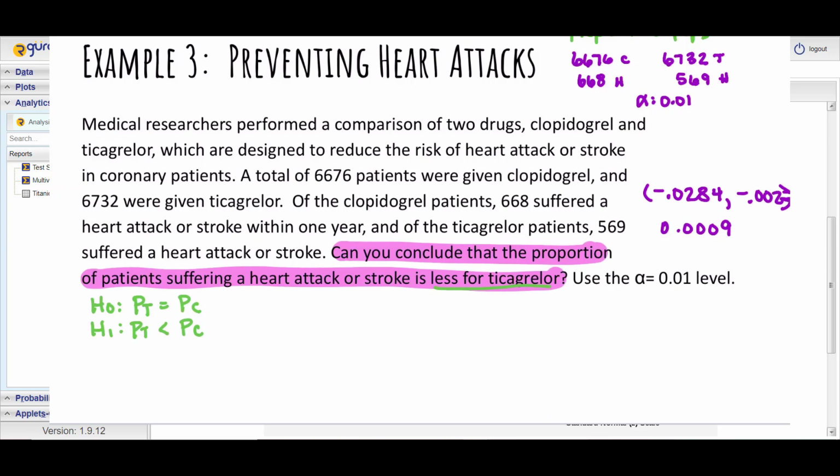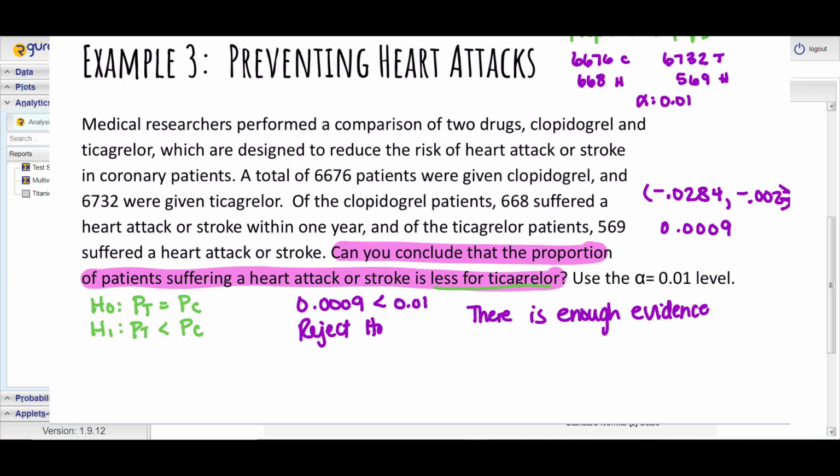So, for the p-value 0.0009, that's less than 0.01. So we're going to reject the null. And if we reject the null, that means there is enough evidence to conclude H1 is true.